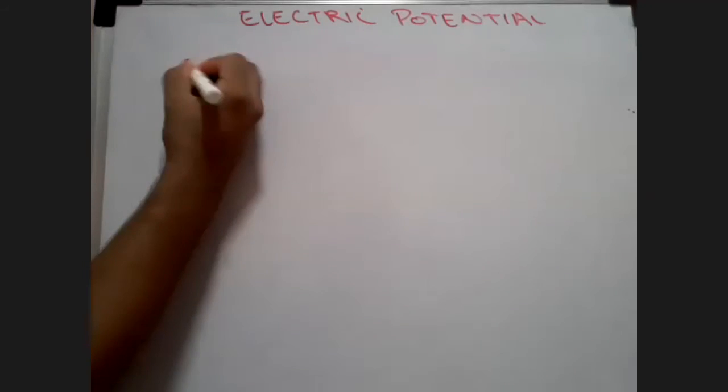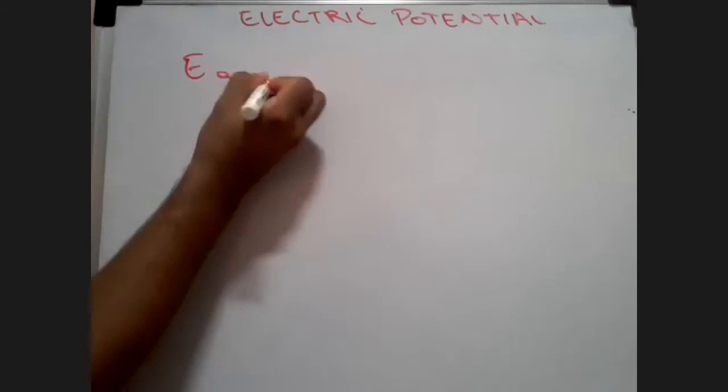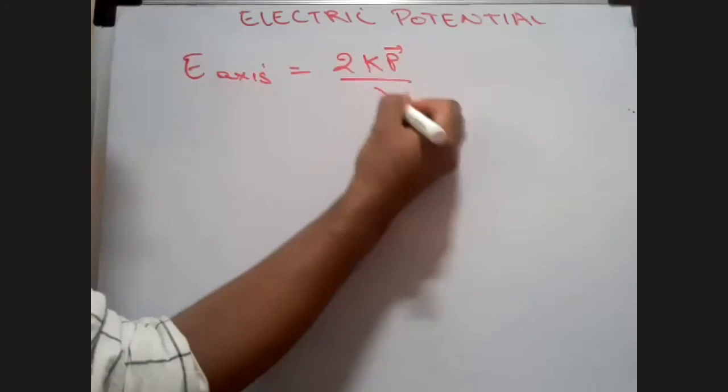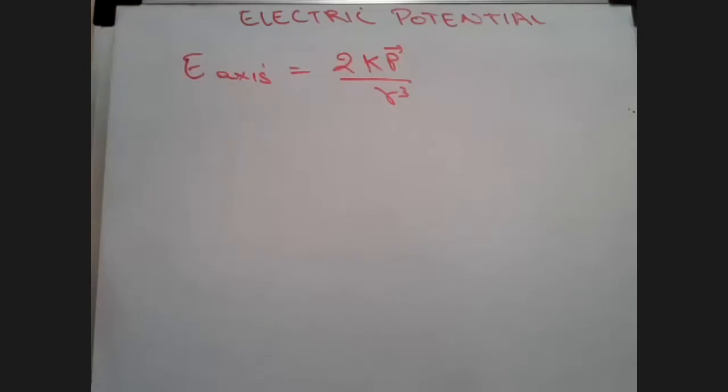Okay, so yesterday we did E axis, that is electric field on the axis. I'll be calling that E axis. E on the axis is what? Tell me, anyone remembers? 2 Kp upon R cube. This was yesterday's derivation.